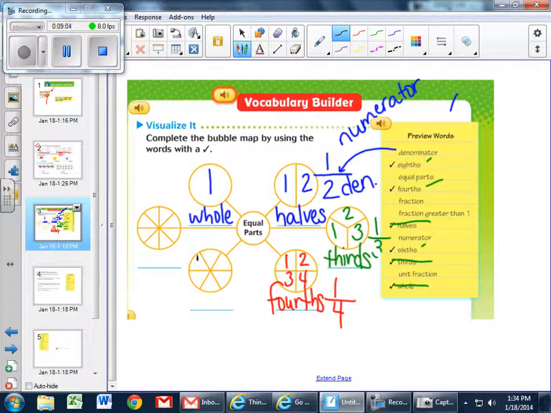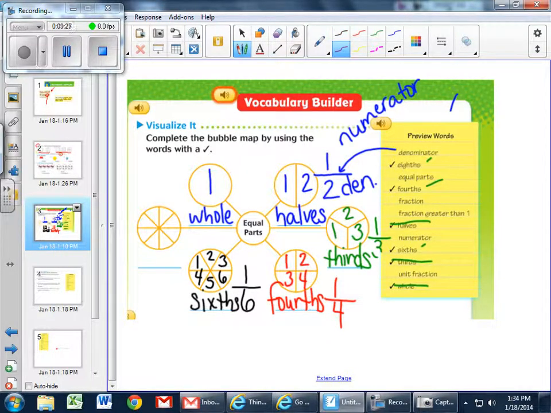Going to the next one, I'm going to number it again. Your denominator is the total number of pieces, so your denominator is 6. We're talking about 1 out of the 6, which tells us that this one is talking about sixths. Now we're getting into littler pieces.